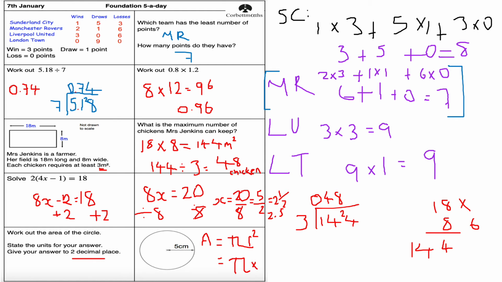The radius here is 5. So pi times 5 squared is 25 pi centimeters squared. That's the exact value, and then I've got to type this into my calculator.